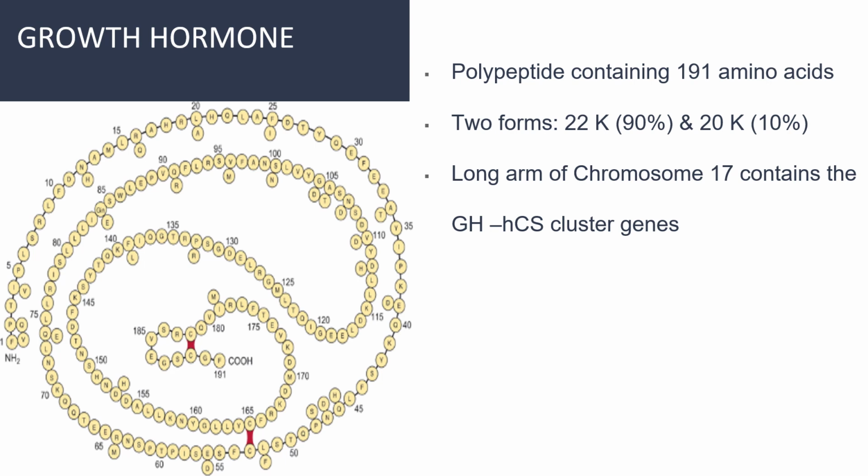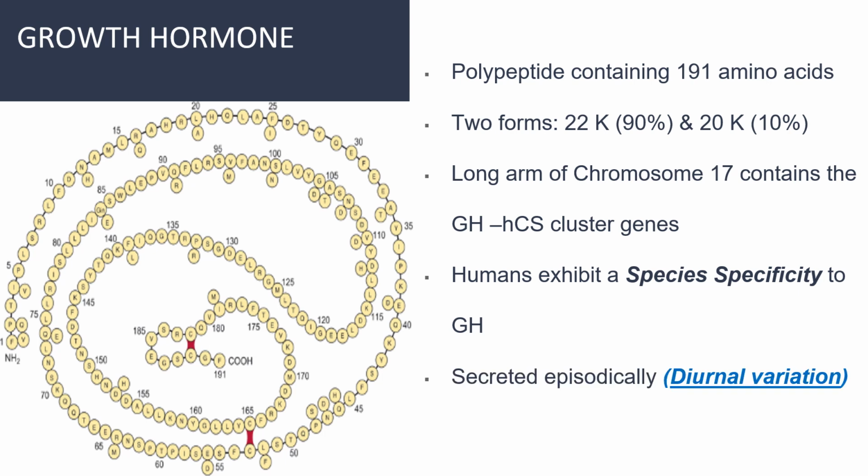It is in the long arm of chromosome 17, which contains the growth hormone, human chorionic somatomammotropin cluster genes. Humans exhibit a species specificity to the growth hormone. It has diurnal variation and is secreted episodically.